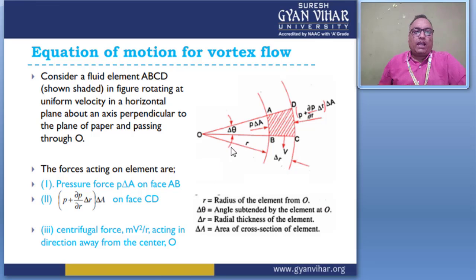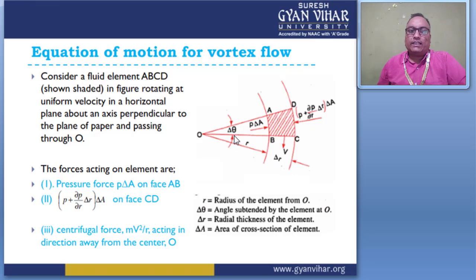The pressure on the inside of this strip, normal in the downward direction, is P into delta A, and the pressure in the outward direction is P plus del P by del R into delta A. The velocity of the fluid particle is V, and R is the radius of the first layer, and delta R is the incremental radius for the CD layer, and this is theta.